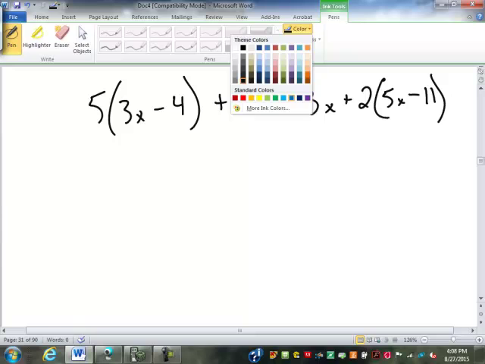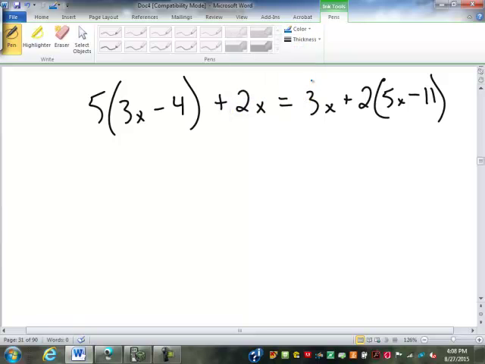Let's take a look and see what we got. Now, as we mentioned at the very beginning, we can look at this equal sign, and when we have stuff to combine like this, we can look at each side separately. So we're going to start just on the left side over here. And we're going to simplify or combine as much as we possibly can. What can we do over there?